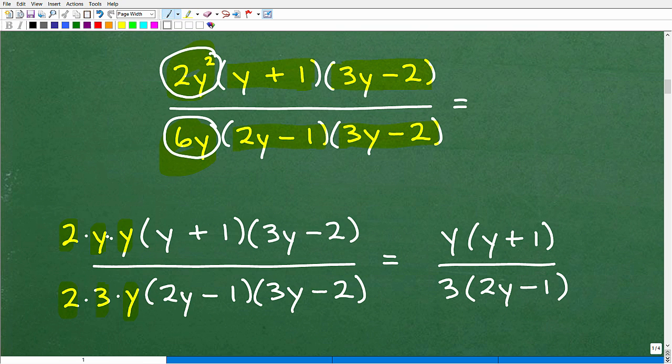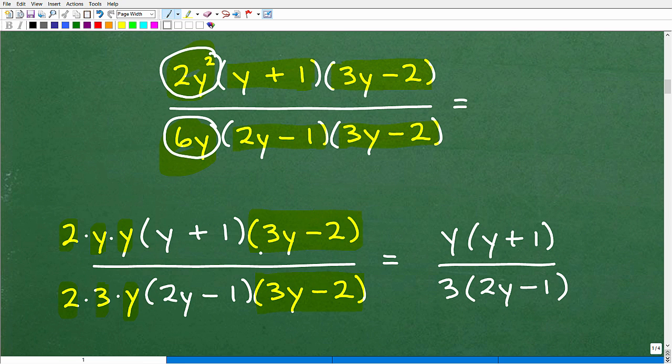I'm just fully factoring out those GCFs, and then here we have our binomials for the trinomials that we factored. Now we're going to start looking for things that we can cross cancel. We're looking for like factors. Let's start over here. We have a 3y minus 2 in the numerator and a 3y minus 2 in the denominator.